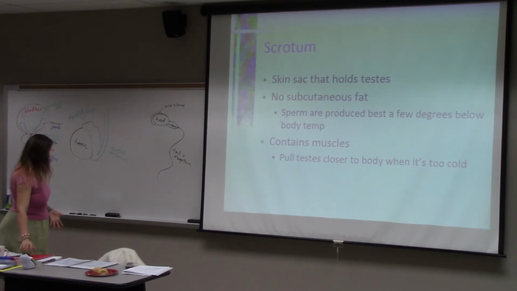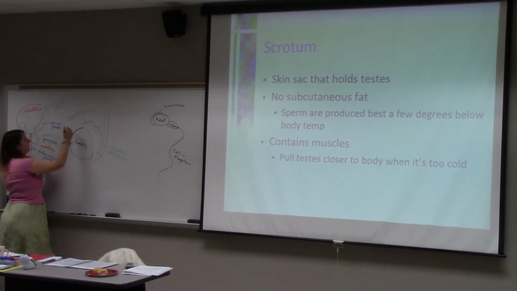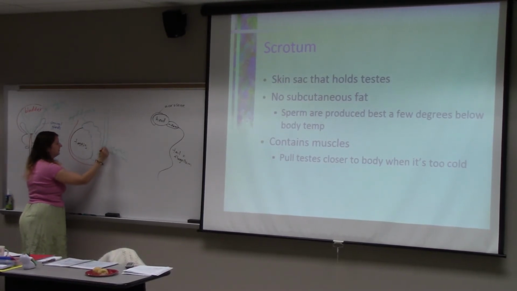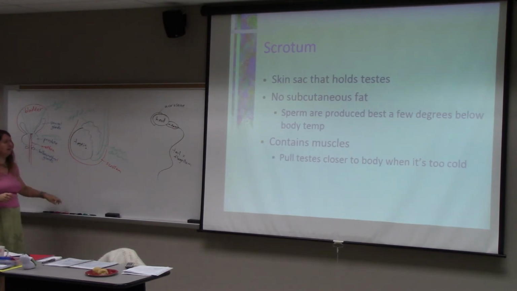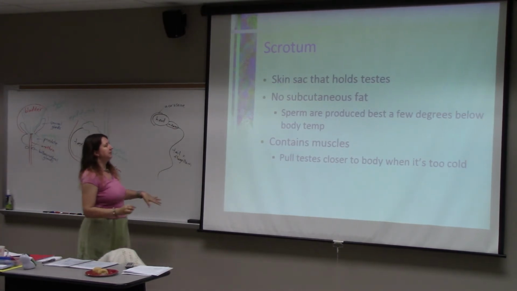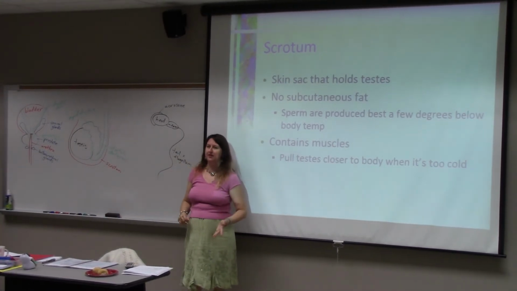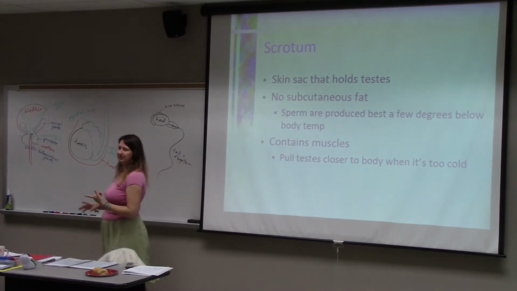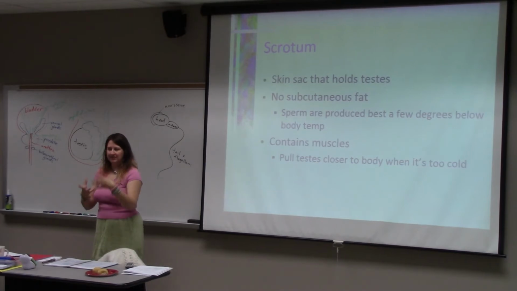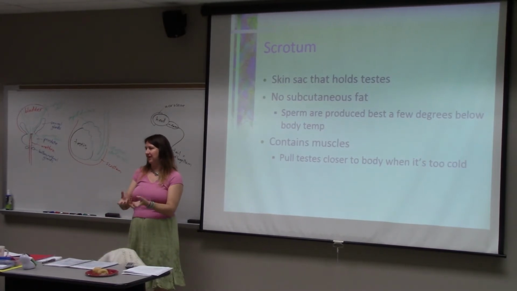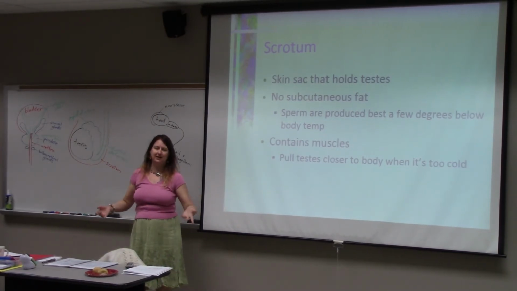The scrotum is the skin around the testes. Two things make it different from other skin. It doesn't have much subcutaneous fat. The reason for that is the same as the reason the testes are in the scrotum in the first place instead of in the pelvic cavity where they'd be safer.